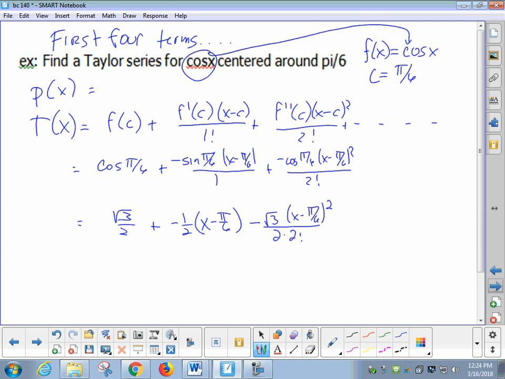It said first 4 terms. So the next term will be the last one. What's the derivative of negative cosine? Positive sine. We're back to positive sine of pi over 6. We're talking cubes now. So our last term is 1 over 2 times 3 factorial, x minus pi over 6 to the third.